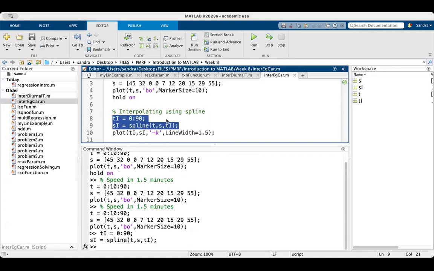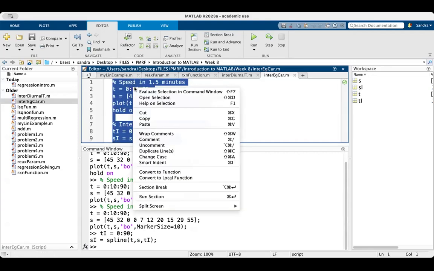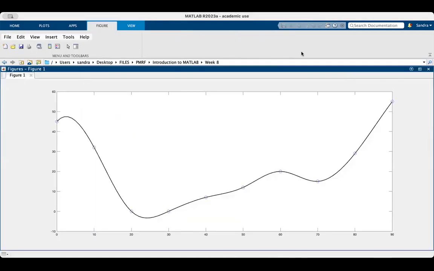Now I plot this data, that is TI and SI. I'm plotting it with a black solid line. The dash means a solid line and K corresponds to a black line, with a line width of 1.5. I'll do this together and I get a curve like this. You can see how the scattered data is. An interpolated curve should always pass through all the data points.